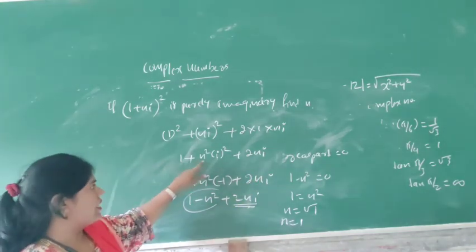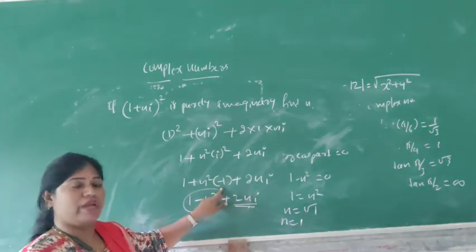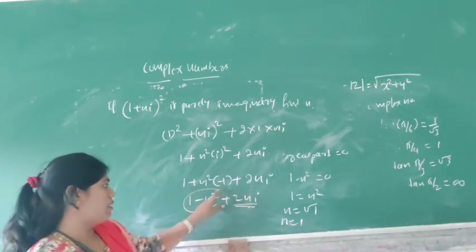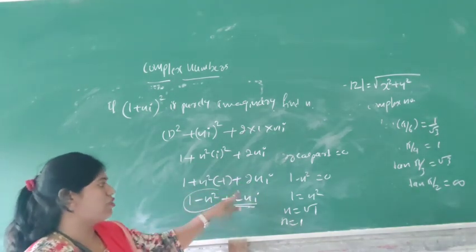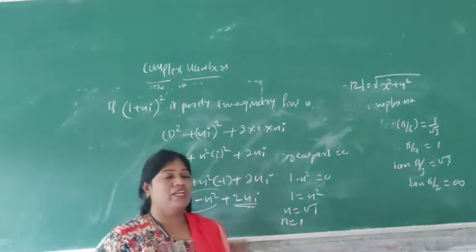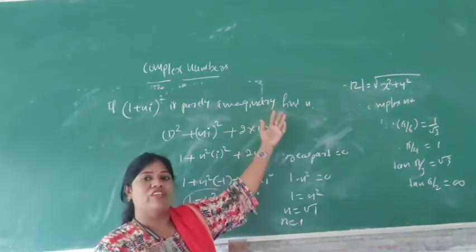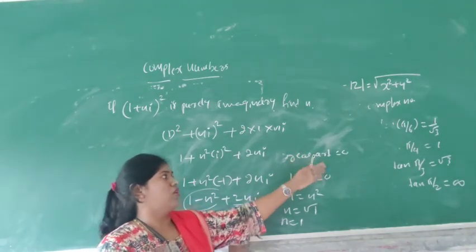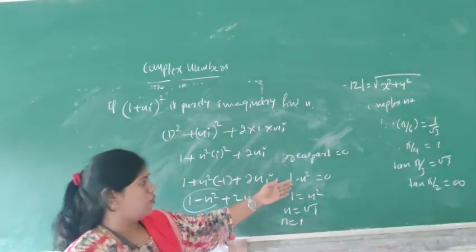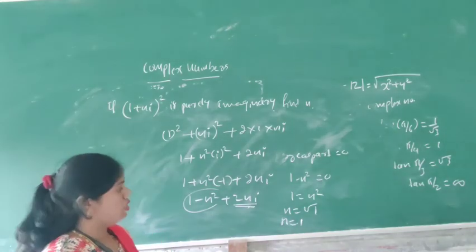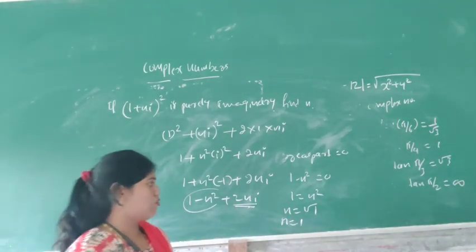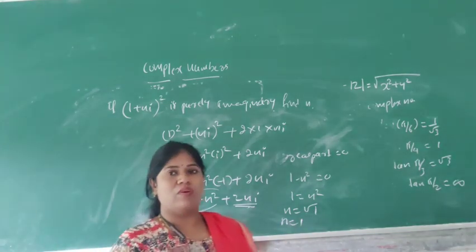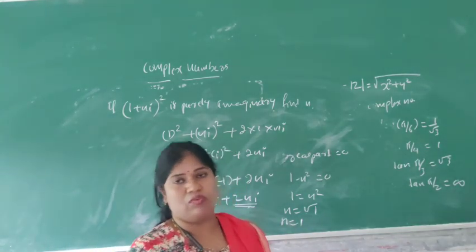So 1 plus n square i square, where i square is minus 1, gives 1 minus n square plus 2ni. If it is purely imaginary, then the real part will be 0. So 1 minus n square is equals to 0, 1 is equals to n square, n is equals to square root of 1, so n is equals to 1.